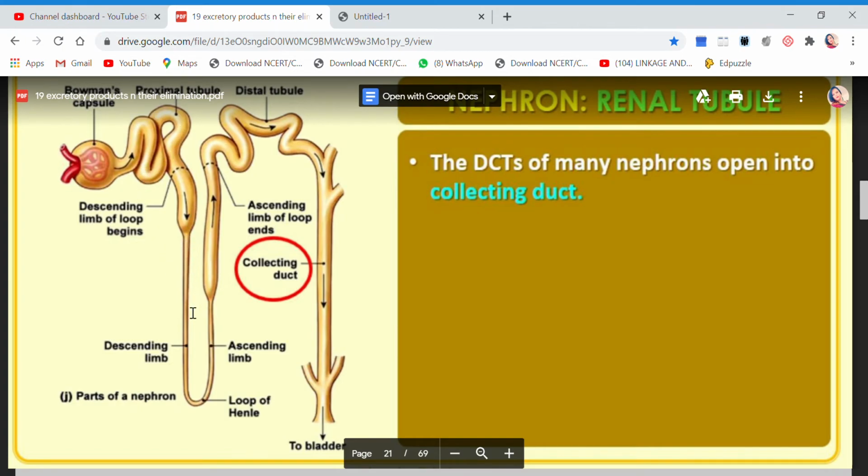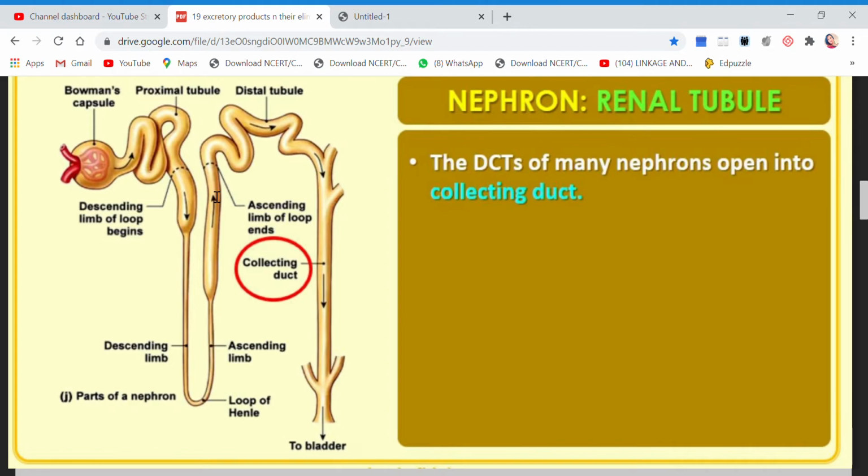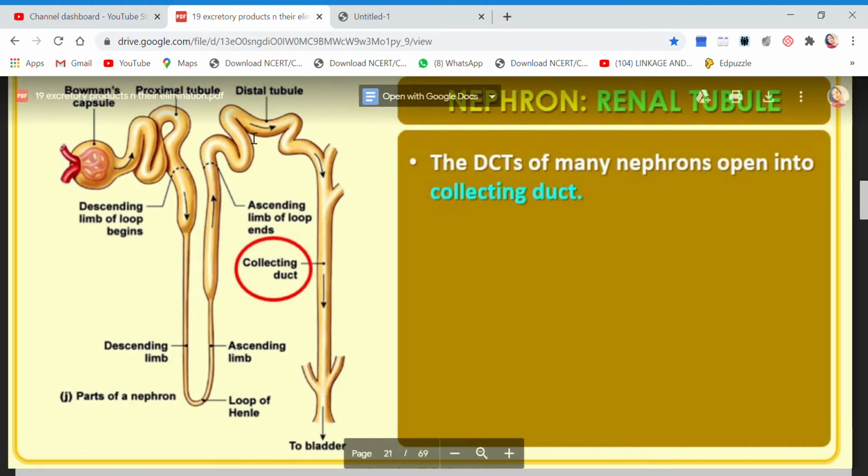Okay, next children, after PCT, PCT means proximal convoluted tubule, after that, loop of Henle. There is a third part of the renal tubule called distal convoluted tubule. Now why distal? Distal means at the end.